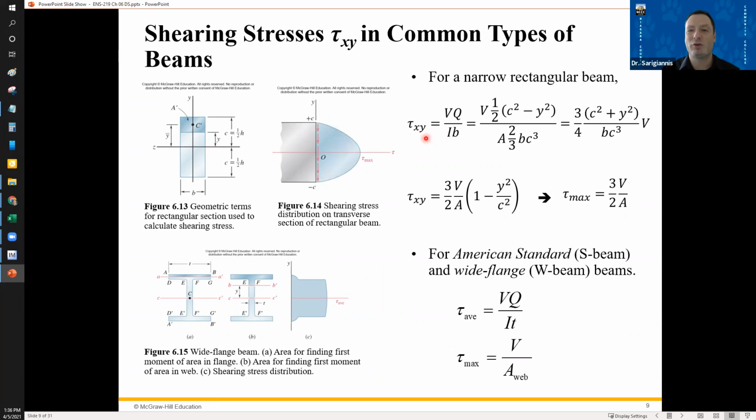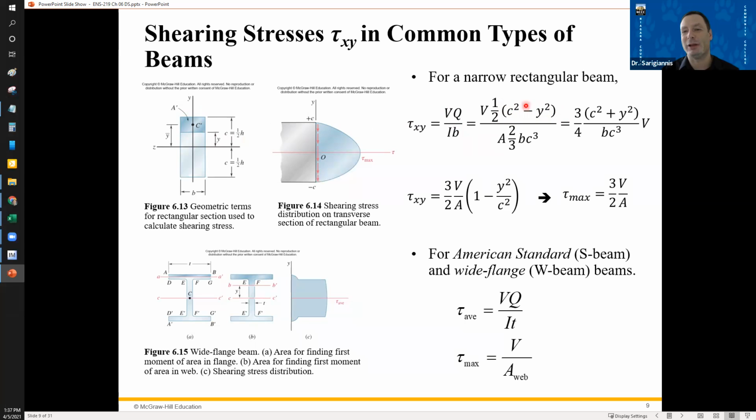We've got tau xy is VQ over Ib. Well, Q is based on this area here, right? The shaded area. So for a given area, you've got your centroid, minus your y, well, c squared minus y squared.